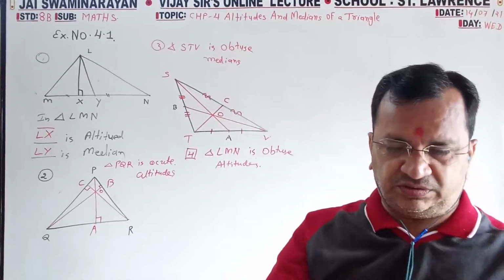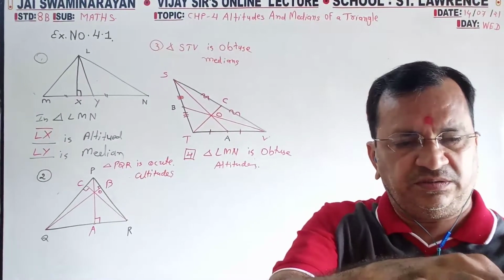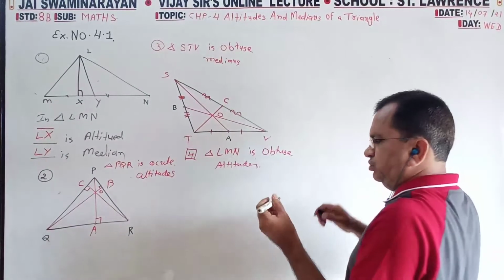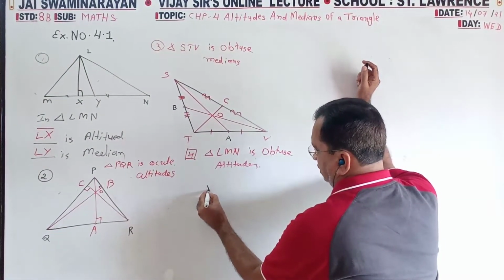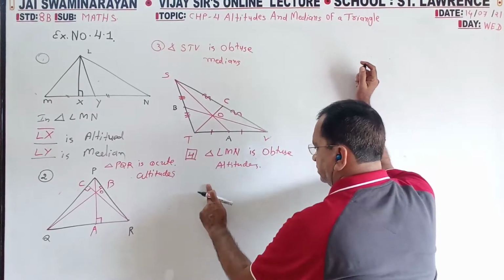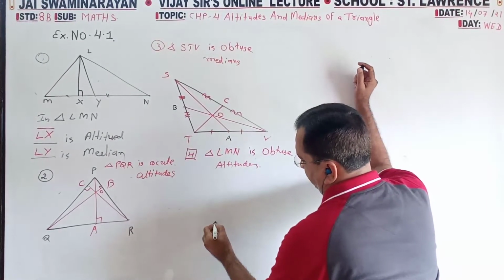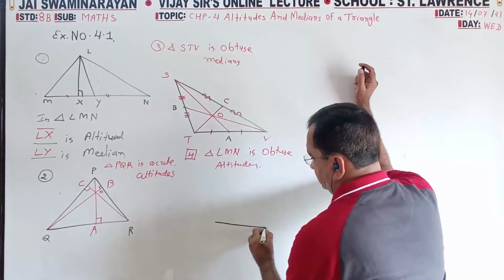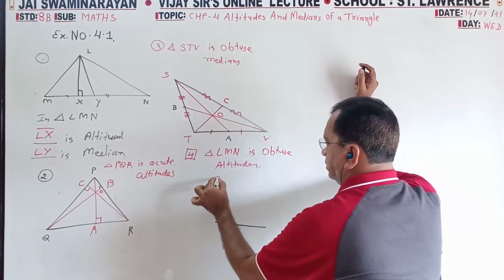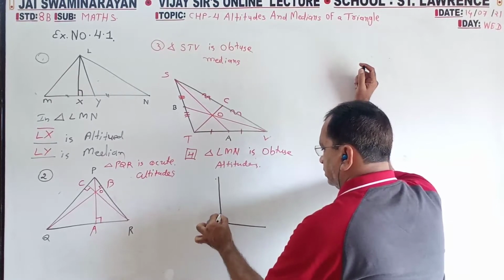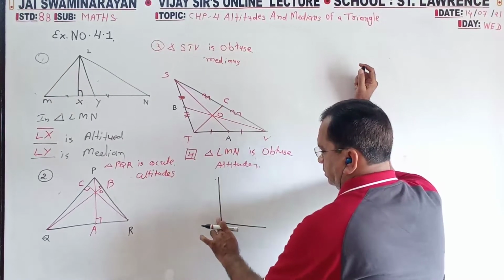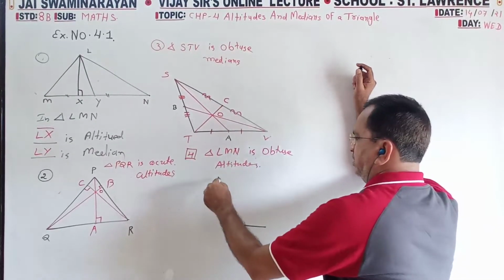In obtuse to draw this, don't take a very big angle. Just more than 90 means 100, around 100. Slightly bigger.